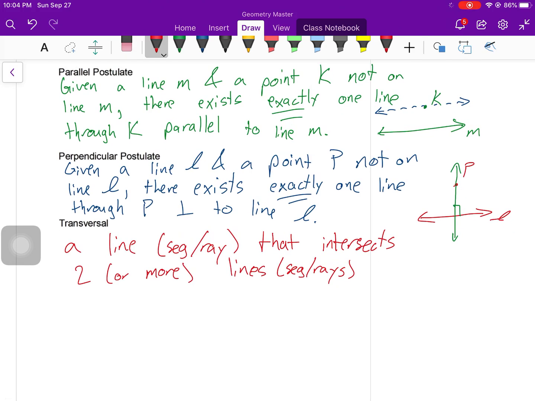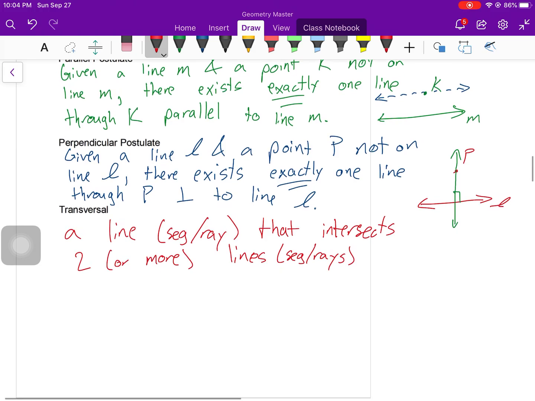So there's almost as many like or this things as words in that definition, so I can see where that'd be a little confusing. But generally, we just think of if I have two lines, that line going through here. So in this case, this line, that is my transversal.